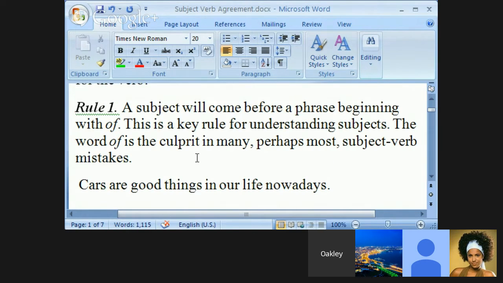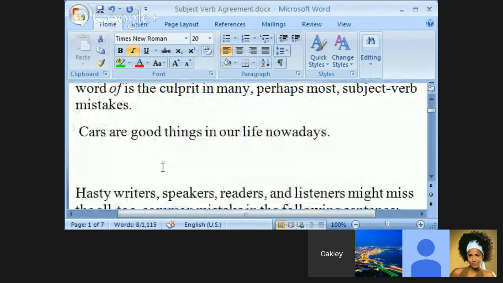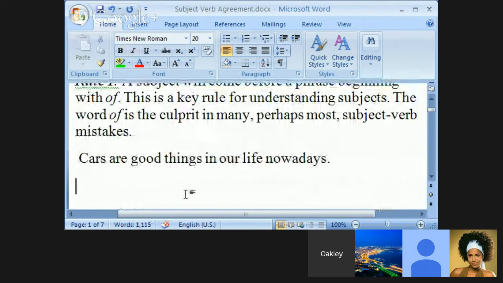Before the verb. Yeah, before the verb, like this example, the list of items. You got the right idea, okay?